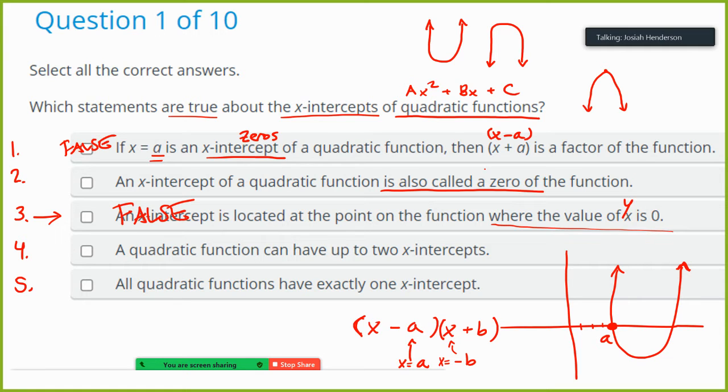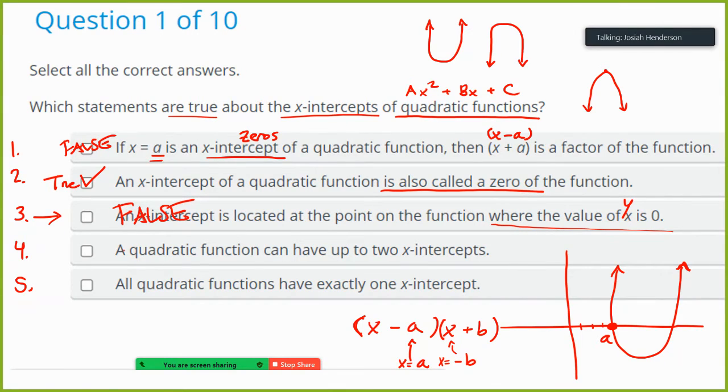Is that true? Yeah. Aaron, high five. Thank you. Yes, that's true for sure. We found a true one finally. This is just a straight up definition. X-intercepts are also called zeros. And I mentioned that earlier for number 1.